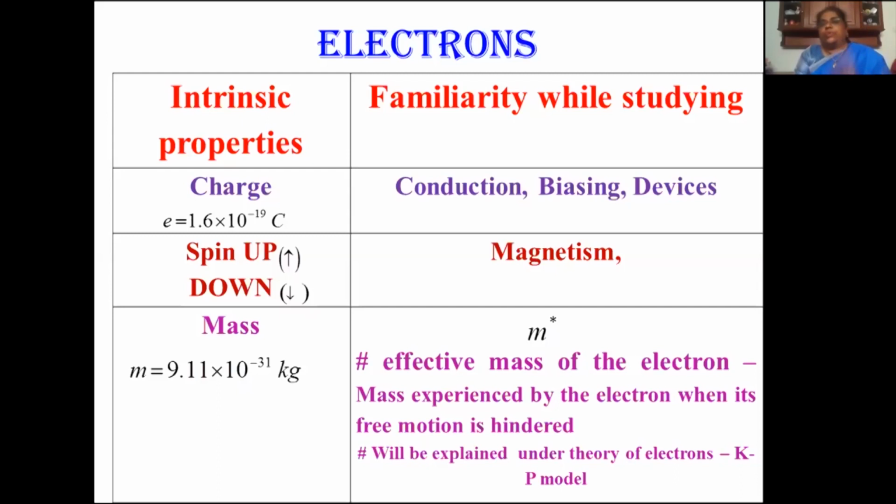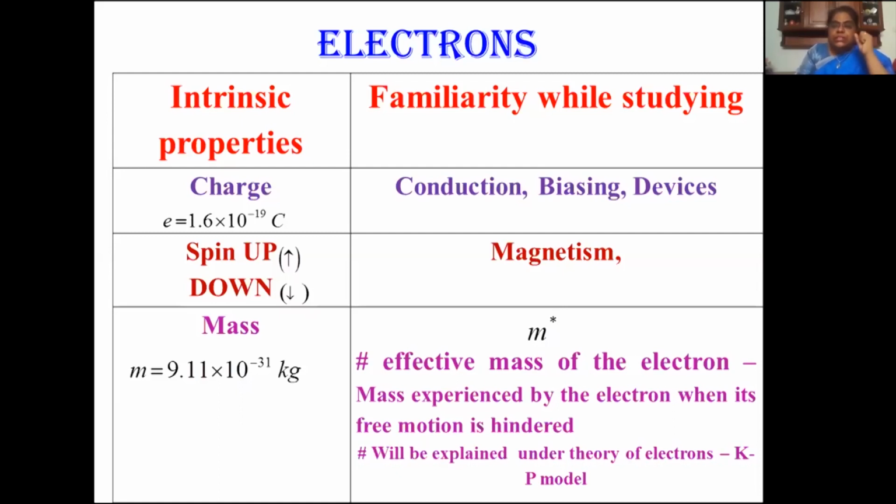If you remember, in some of the journals, they quote different masses for the electron. Sometimes the mass of the electron is with a negative sign. That is called the effective mass. So what do we mean by effective mass?